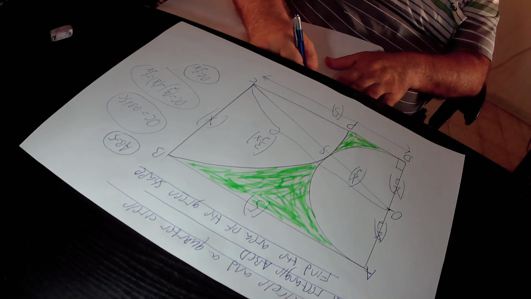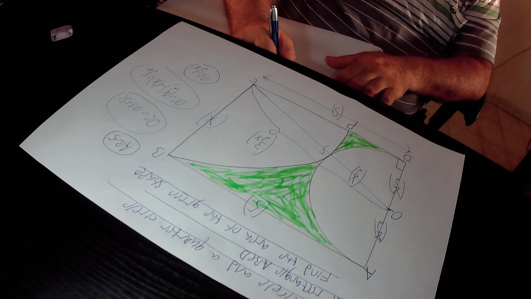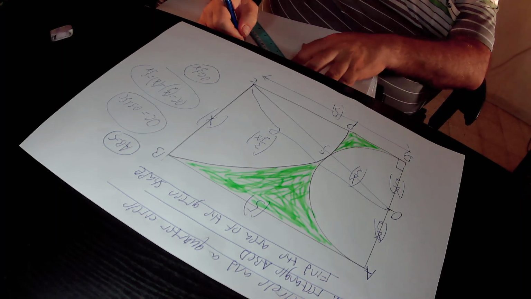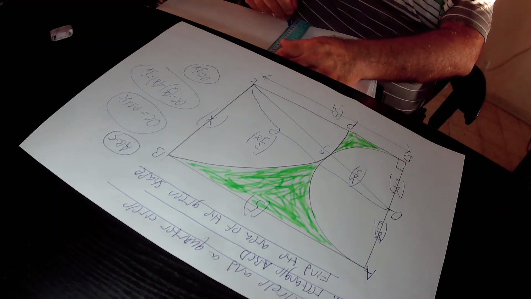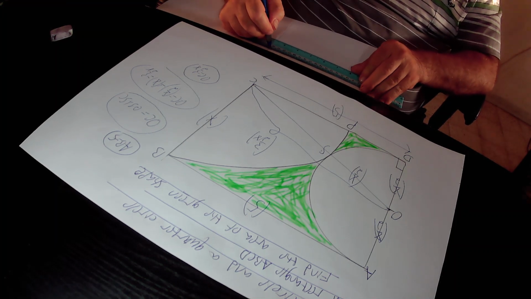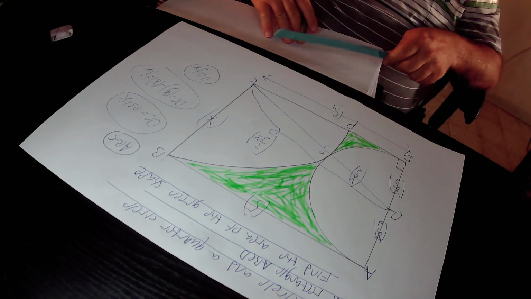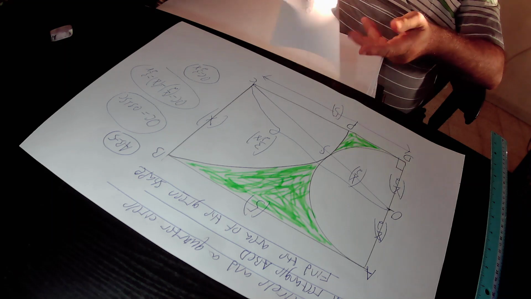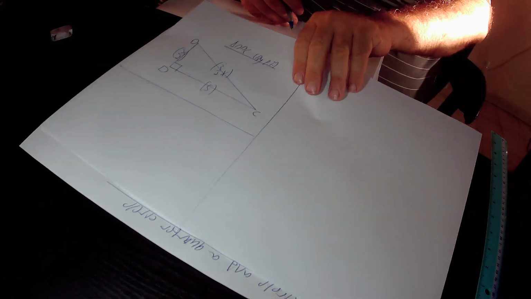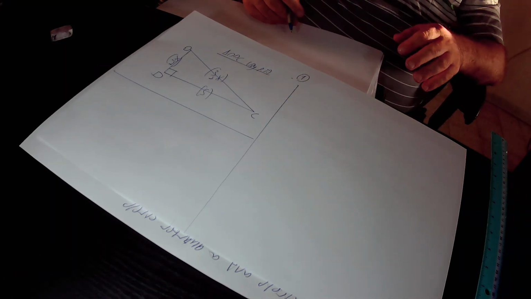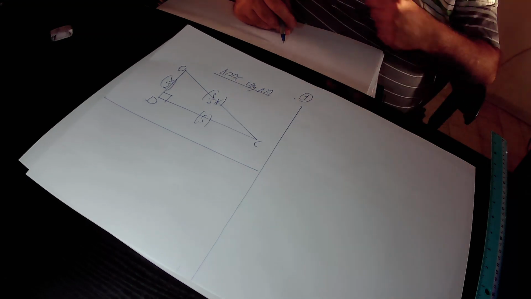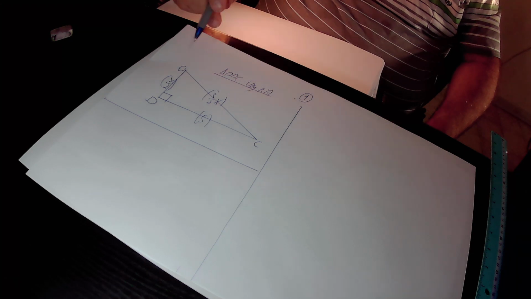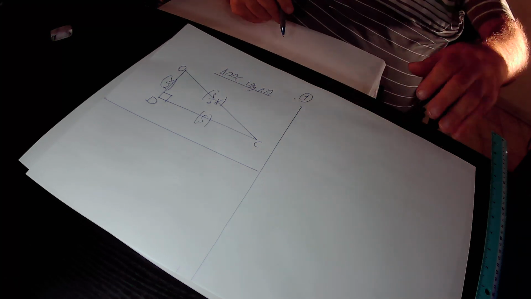Here PT is short for Pythagoras theorem. This is the right triangle ODC that I copied from the original drawing. According to the Pythagoras theorem, in this right triangle ODC, OC squared equals OD squared plus DC squared. So I write it down.